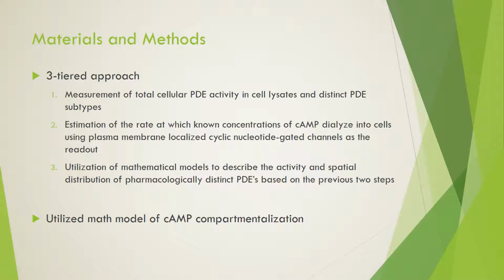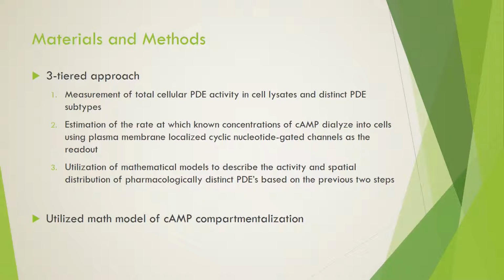They estimated the rate at which known concentrations of cAMP dialyze into the cells using plasma membrane localized cyclic nucleotide gated channels as the readout using patch clamps. And they utilized this information in a mathematical model that was published by Thomas Rich, one of the authors, to describe the activity and spatial distribution of these pharmacologically distinct PDEs based on these previous two steps.